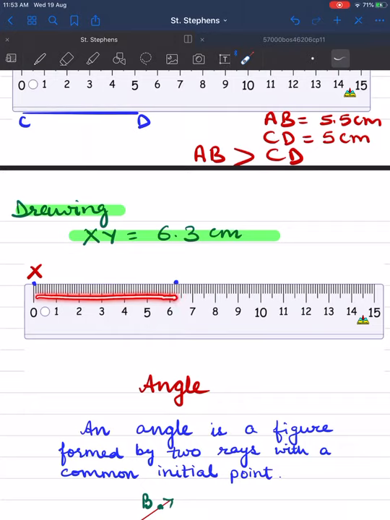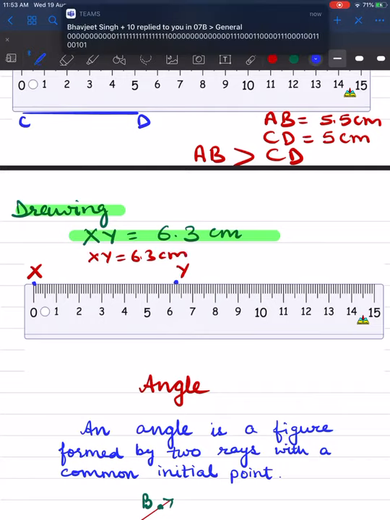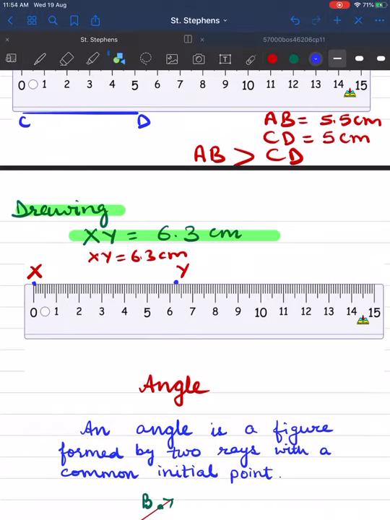Against 6.3 marking, we take point Y such that XY is equal to 6.3 centimeters. And we join XY with the straight line. So here XY is equal to 6.3 centimeters.